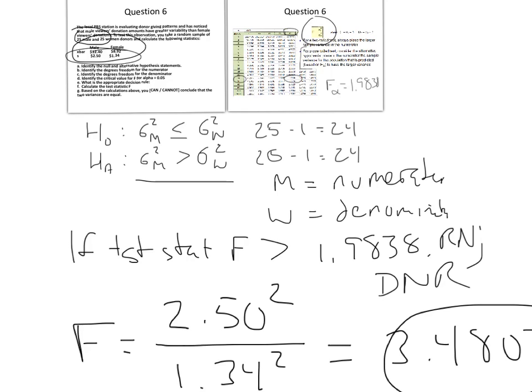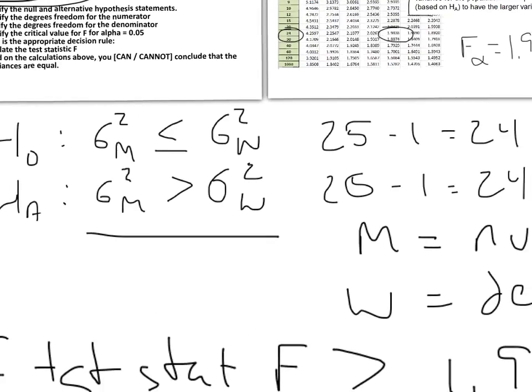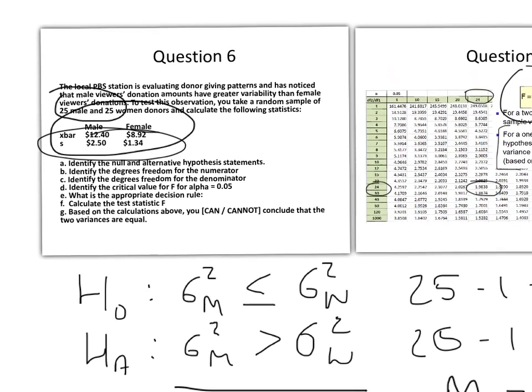We got a result of 3.4807, so we are going to reject the null. And if we reject the null, we cannot conclude that the two variances are equal. In this case, we're saying, in fact, the variance for the men's donations is more variable, that it's not equal to that of the women.